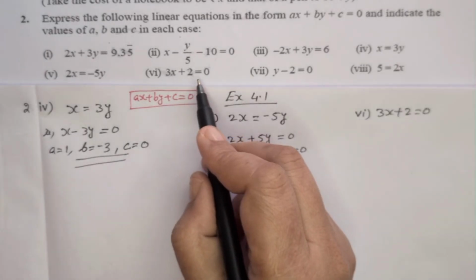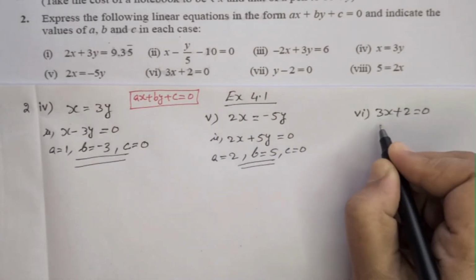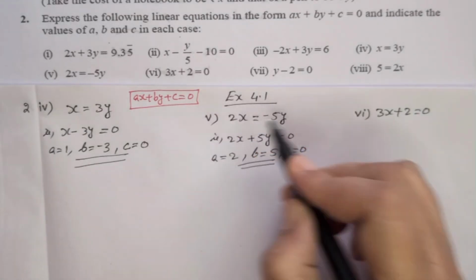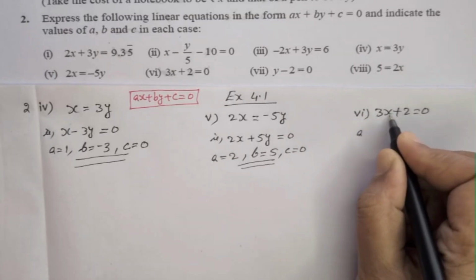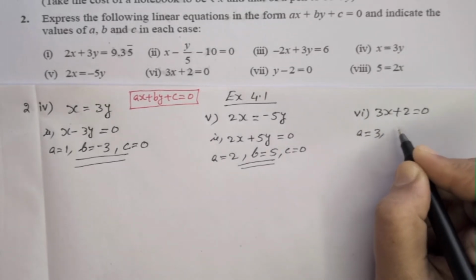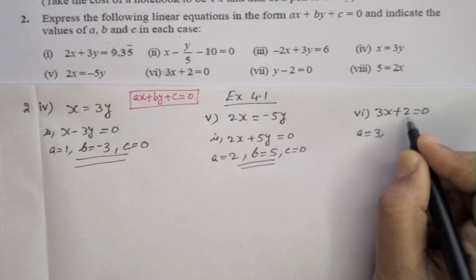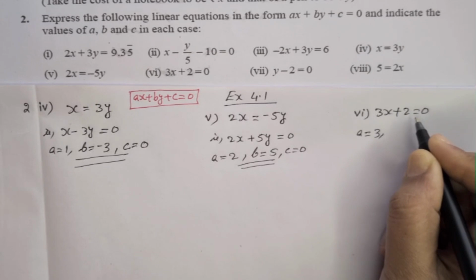Now the sixth one, 3x plus 2 equal to 0. Here all terms are on the left side, so directly we can compare with ax plus by plus c is equal to 0. A means the coefficient of x, that is 3. B means the y term, which is not here, that means 0. Y is not there, and 0 into y is 0.